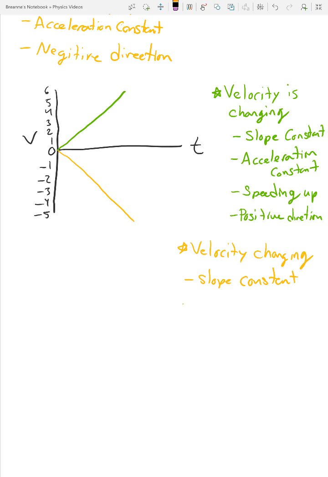If our slope is constant, it means our acceleration is constant. But we have to look at our numbers to decide if we're speeding up or slowing down. So our numbers are getting bigger, even though it's -1, -2, -3, -4, -5. Remember, the negative just means direction in physics. So our numbers are still getting bigger. So we'll be speeding up.